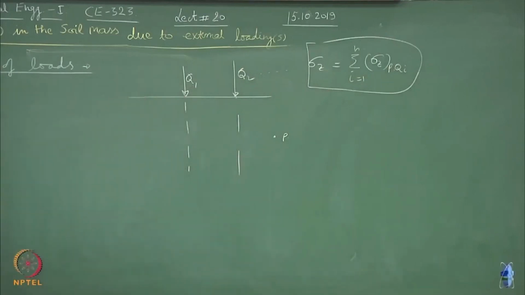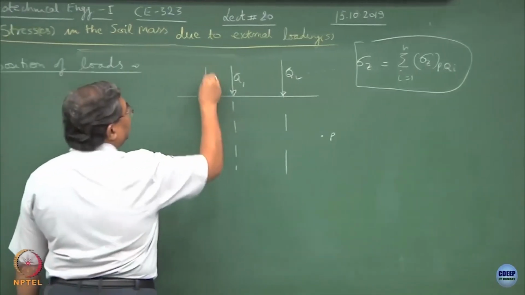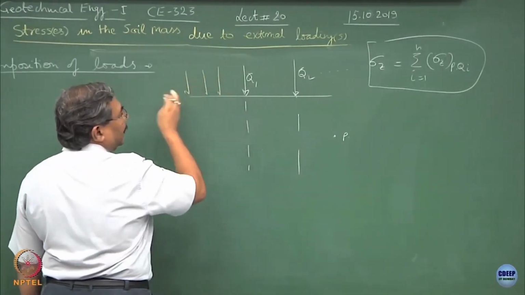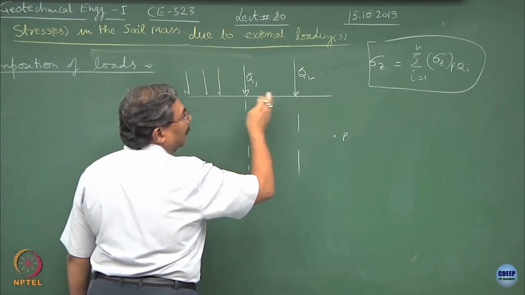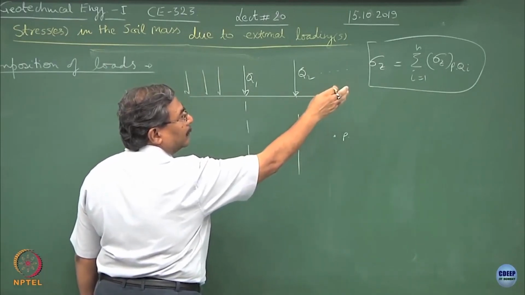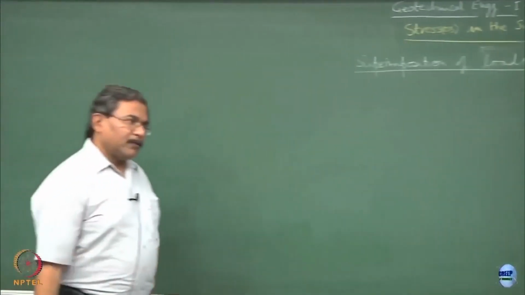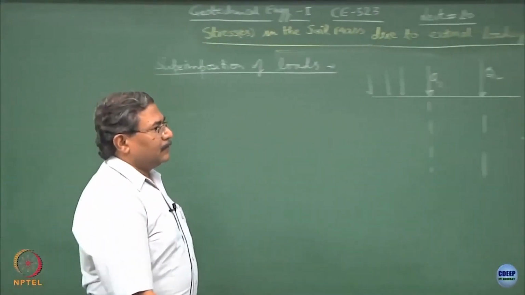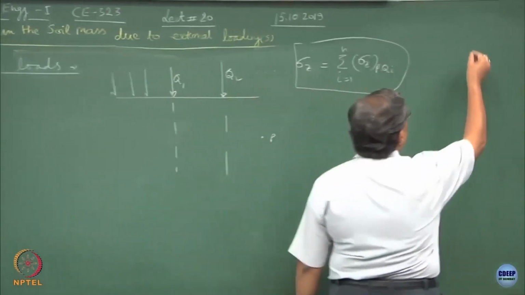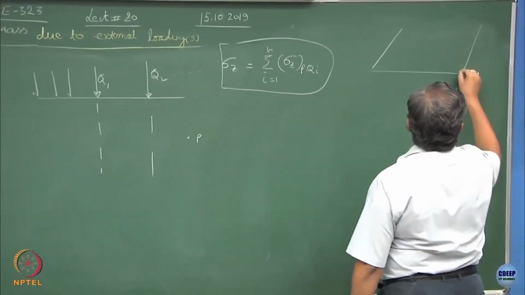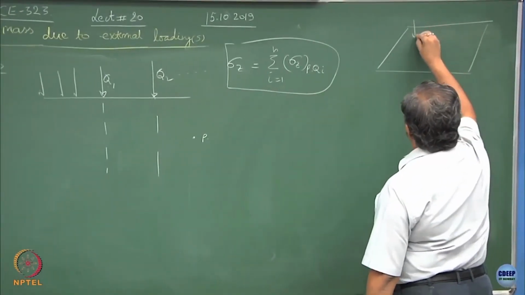Have you understood this? What I have done is a point load has been converted into a line load. Practically there is no difference between the situation where several Qs are acting all along the line. It could be UDL also. Why not? Suppose you take a plane on which several Qs are acting.